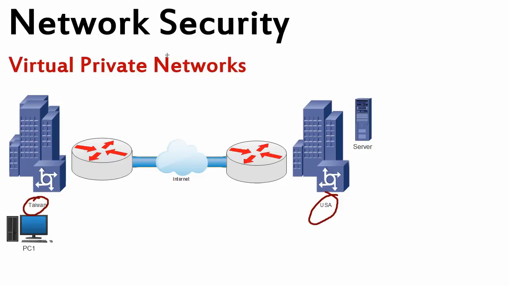You want to make sure that PC1 can download or send a message, doesn't matter, to or from this server in a secure way. What we mean by that is we want to make sure that nobody can look at our message, or to be more specific, cannot figure out what's inside, because we can't really stop them looking. Your ISP can in theory always look at your messages.